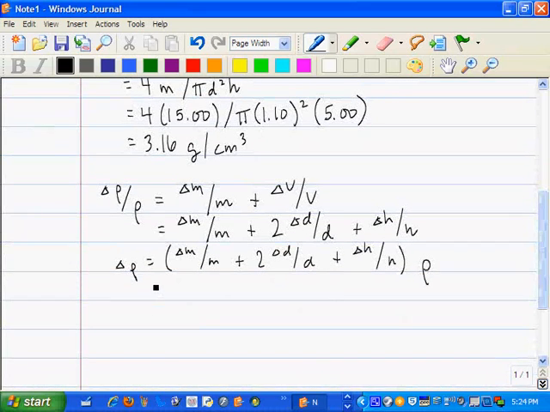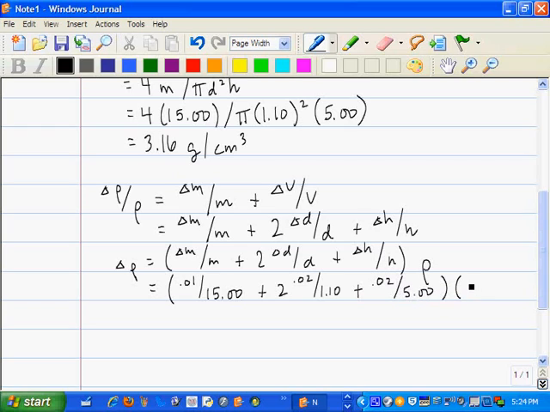We've got all the numbers again. Let's put them in. This is 0.01 divided by 15 plus 2 times 0.02 divided by 1.10 plus 0.02 divided by 5.00, times 3.16.